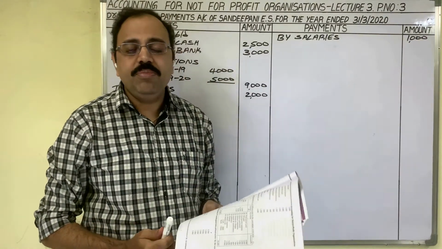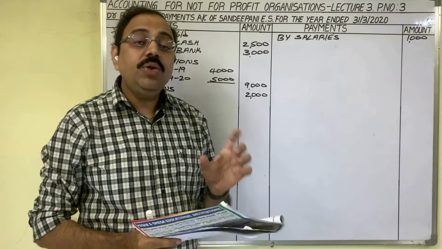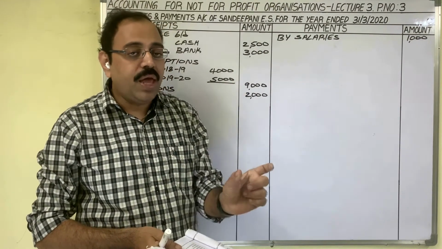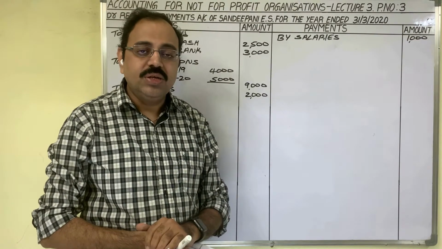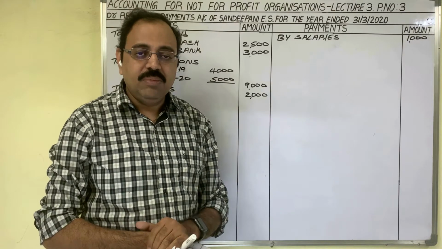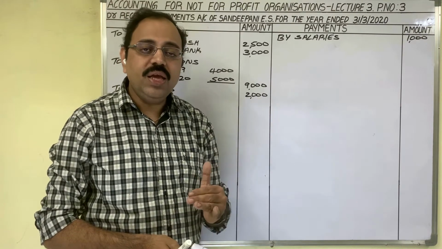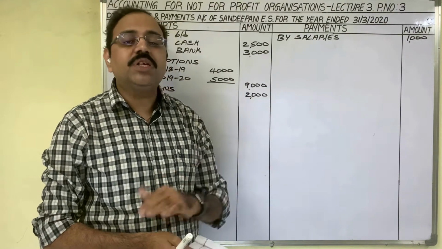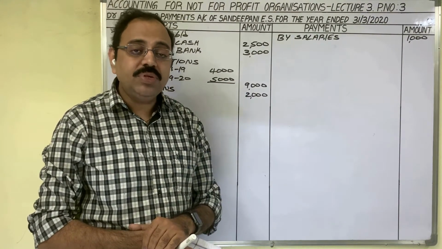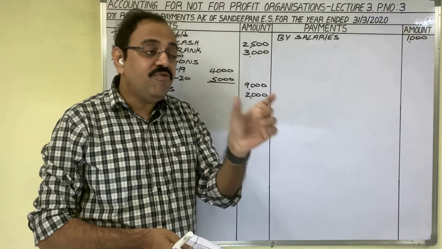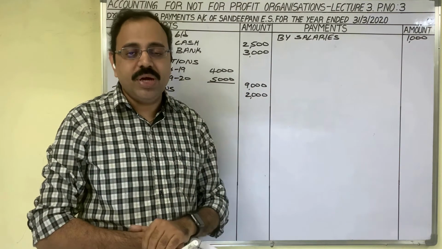Life membership fee received. Life membership fee means what? To continue the membership, the firm's members have to pay subscription amount. So subscription is paid on a periodical basis: monthly, quarterly, half-yearly or yearly, members pay their subscription amount. Sometimes a not-for-profit organization may give one life membership offer to the members.